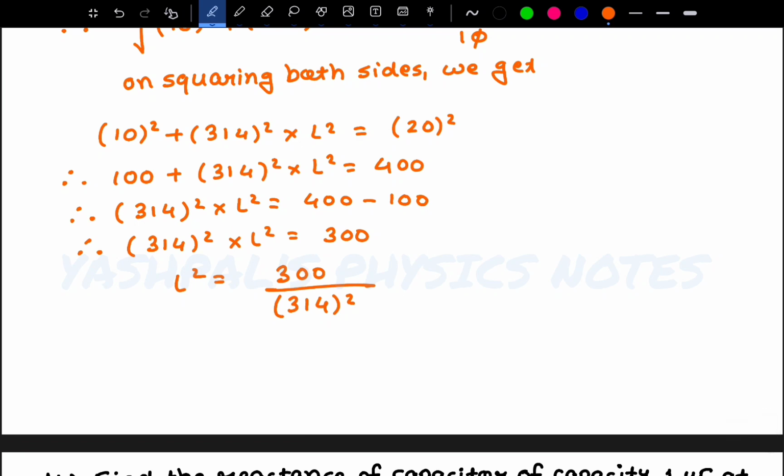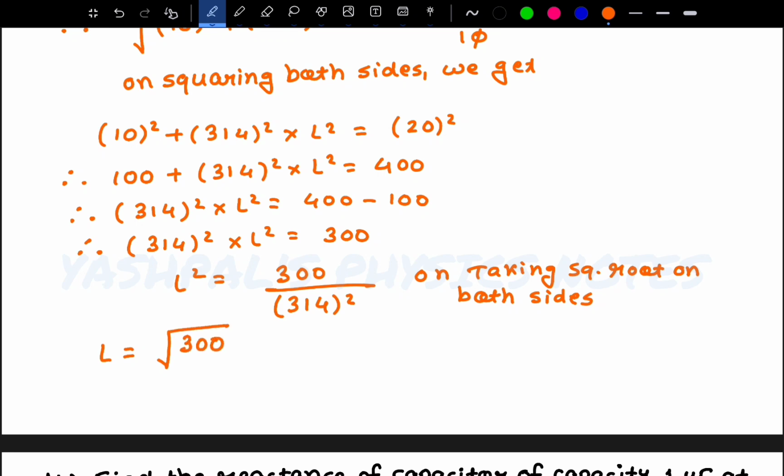So here I am writing: on taking square root on both sides. After taking the square root, this L square gets L, and here I can write under root 300 upon 314, since the square terms cancel out.